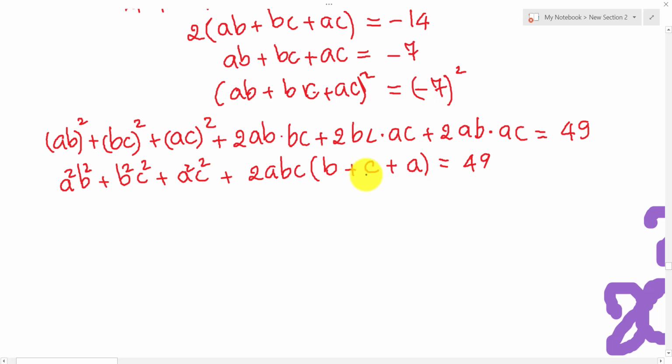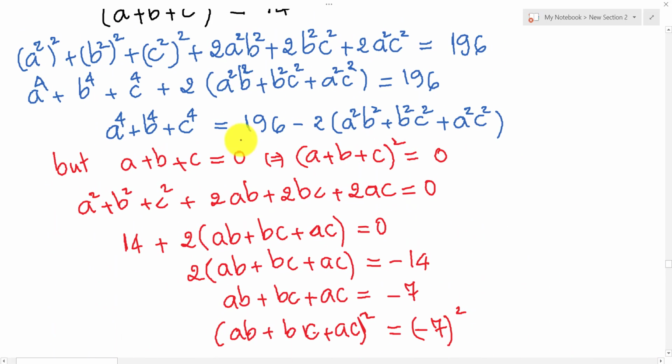Now this a plus b plus c, we replace it by 0. So that we get a square b square plus b square c square plus a square c square equal 49. So we have this expression equals 49.